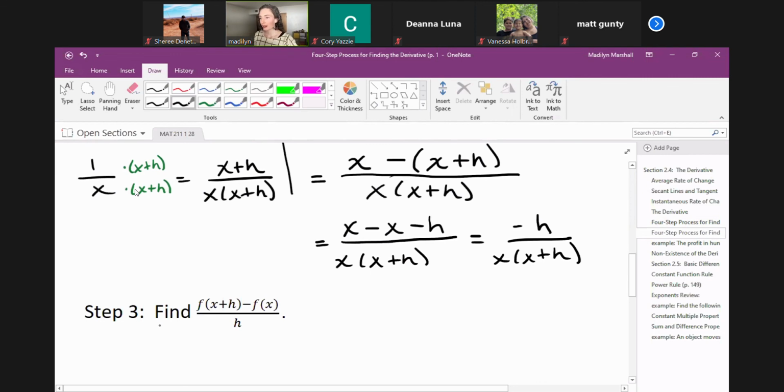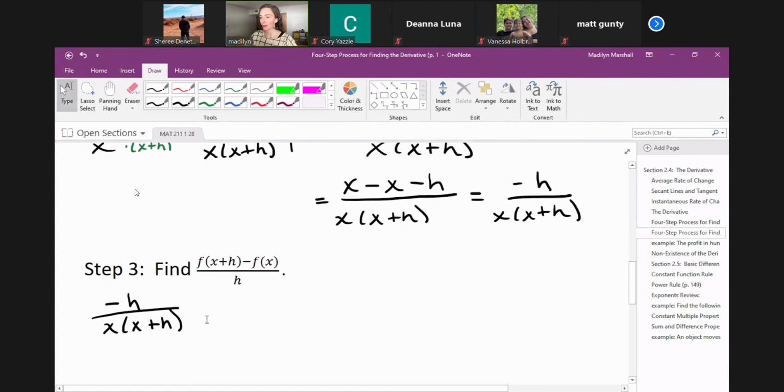So our third step is our f of x plus h minus f of x, which is the thing we just found in step 2. And that's being divided by h.